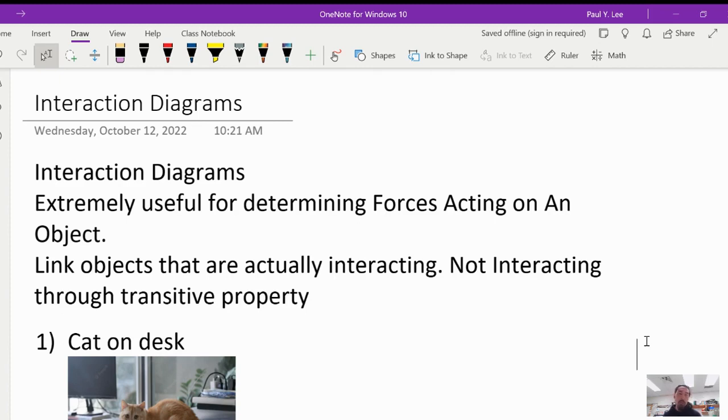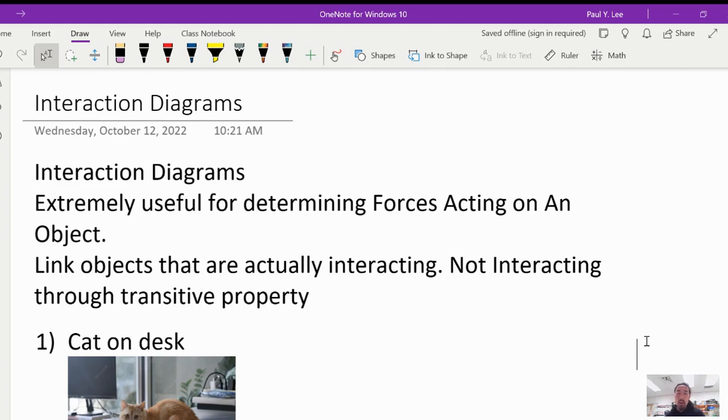If you remember the transitive property, x equals y, y equals z, therefore x equals z. I have one problem that explains that in more detail. But interaction diagrams only show how objects interact with each other, and not how one object can interact with another object by using another object. That's the transitive property. We'll get there.